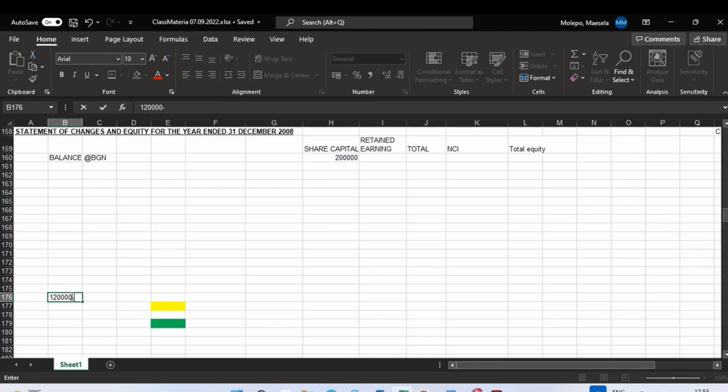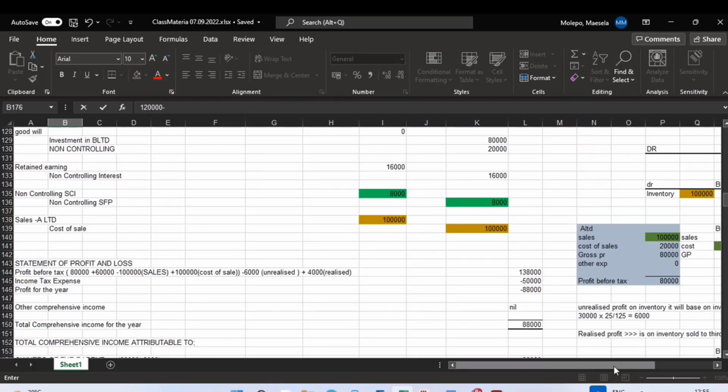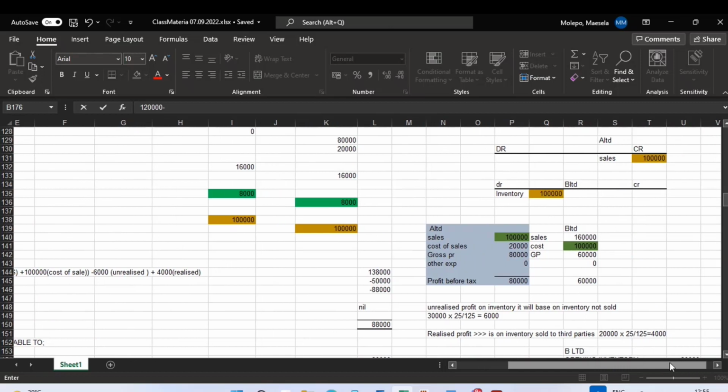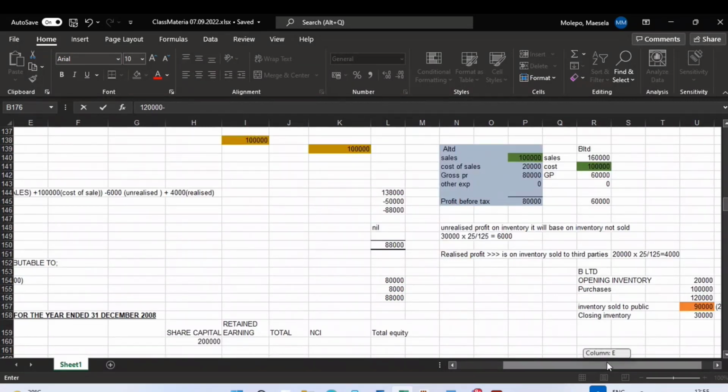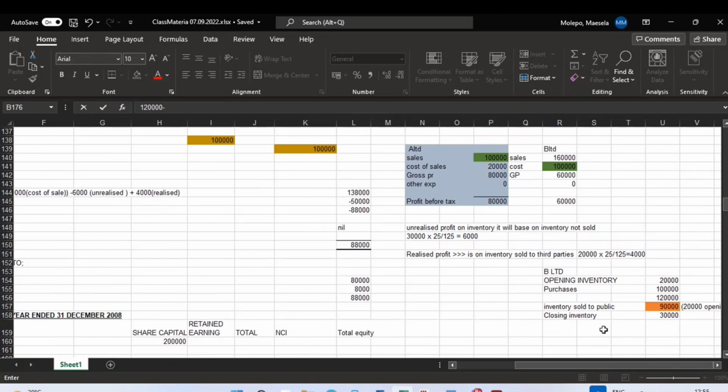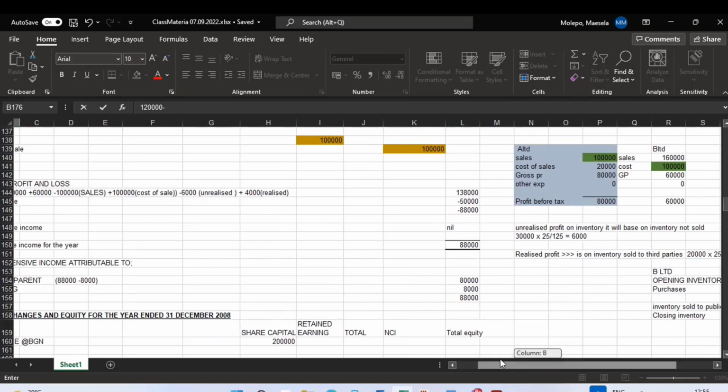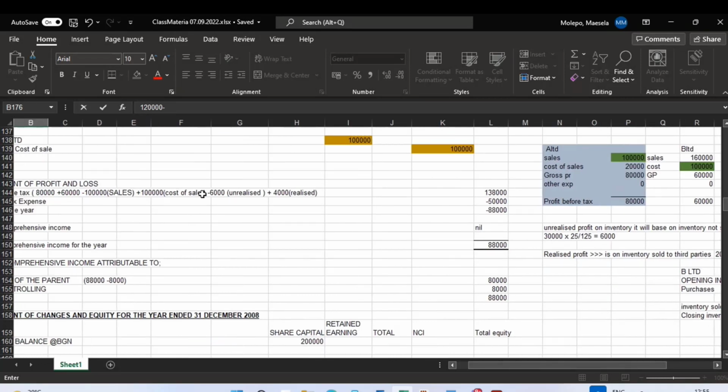So there was the unrealized profit that was not sold at the end of the year. You remember that unrealized profit calculated here? No, it's not 30,000. It's the 20,000 that was sold here. You remember the profit calculated on the 20,000, which is 20 times 25 divided by 125, 4,000.